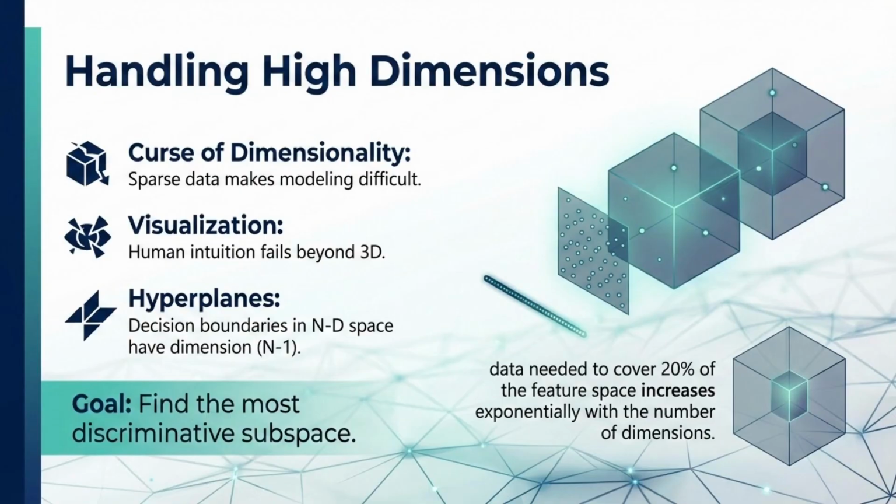Also, we can't visualize beyond 3D, so it is difficult to visualize higher dimensional data. And if there is an n-dimensional space, then the decision boundary will always have dimension n minus one. So our goal will be to find the most discriminative subspace.